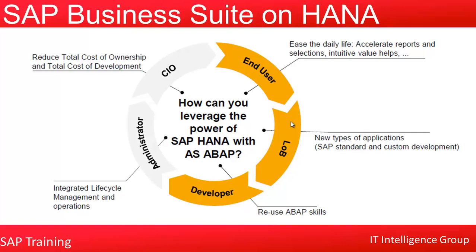That is where you need to figure it out. You need to analyze the data from, say, ST03N, or find out the response time for different transactions and programs to see which is taking more time. Once you identify those programs, you may need to use the new optimization features to transform those programs to leverage the power of HANA.